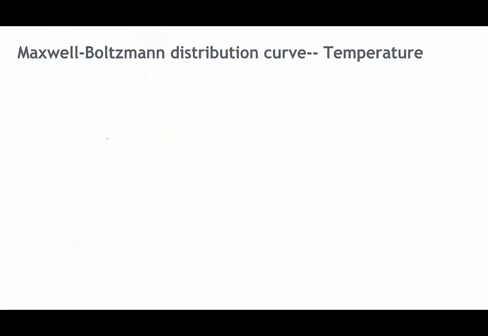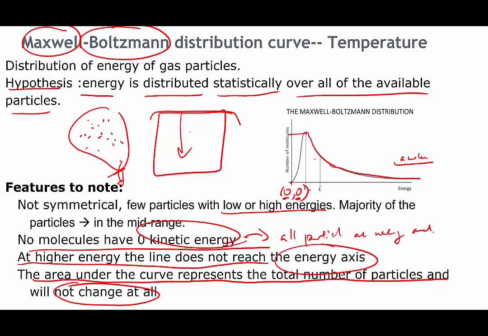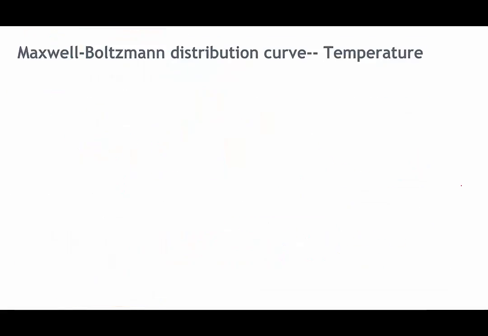If I change the temperature, if I increase the pressure, or if I squeeze my balloon, the number of particles does not change. And the number of particles is represented by the whole area underneath the curve, which will not be changed at all in any given circumstances, as long as it's a closed system.